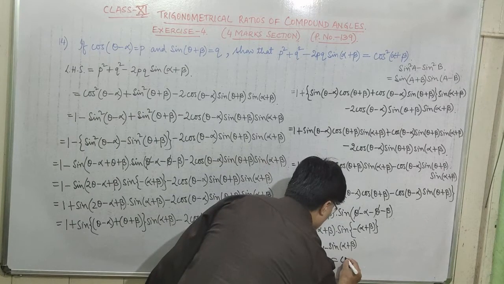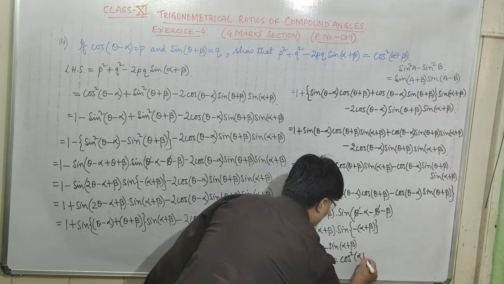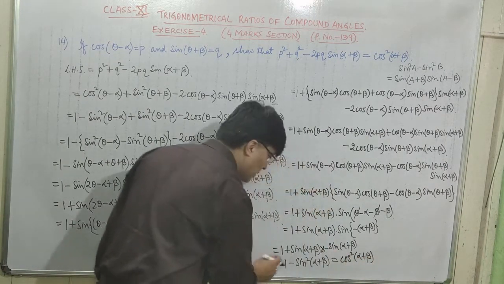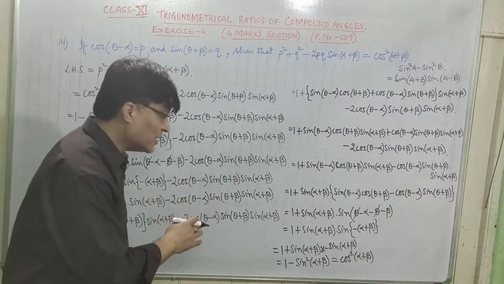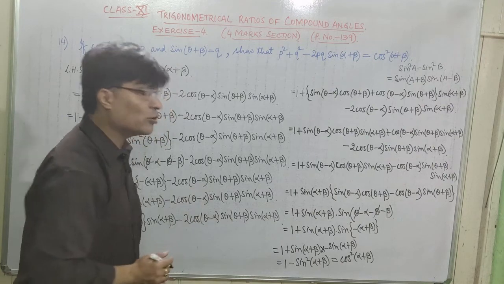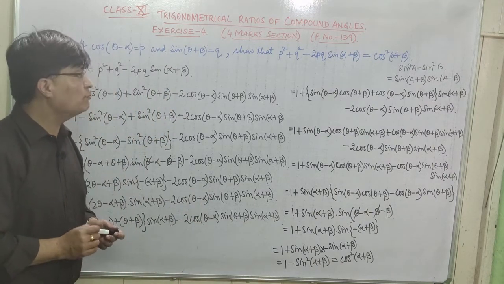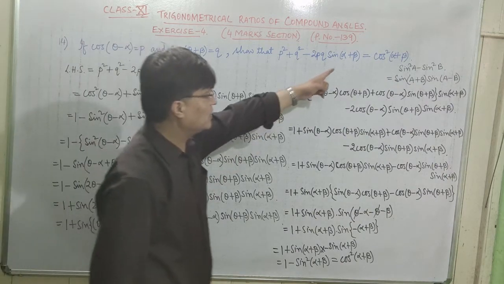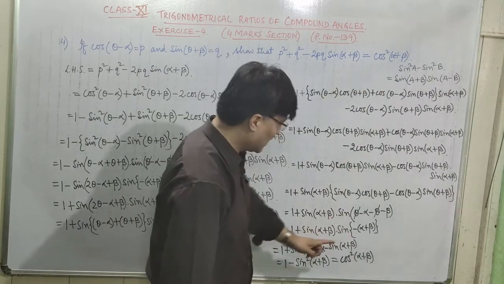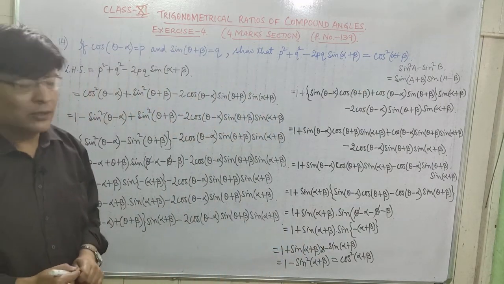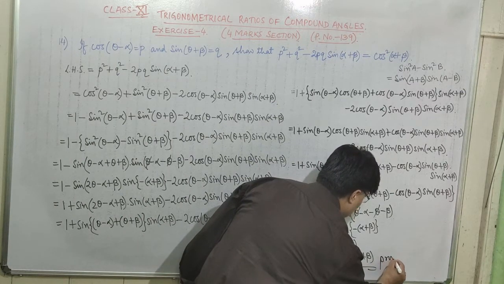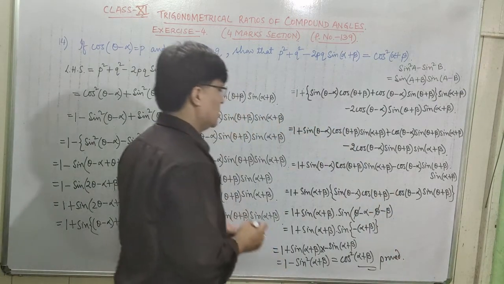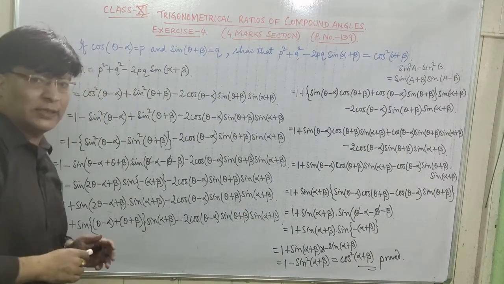Here theta is alpha plus beta, so it is cos square of alpha plus beta. So we have proved it, which is equal to the right hand side, that is cos square of alpha plus beta. So it is proved. I think you have understood it.